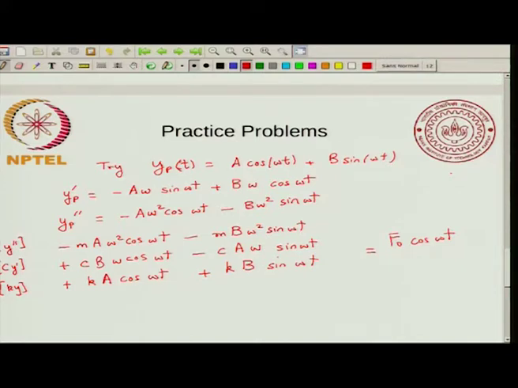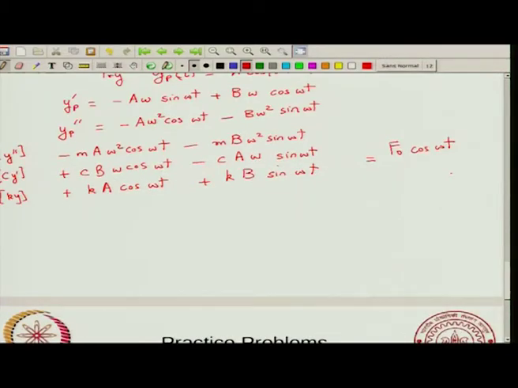What does this tell you? This should be true for all times. Therefore, the cosine terms should match on the right hand side, and the sine terms should match as well. If you match the cosine omega t terms, you get minus m a omega square plus c b omega plus k a equal to f0.